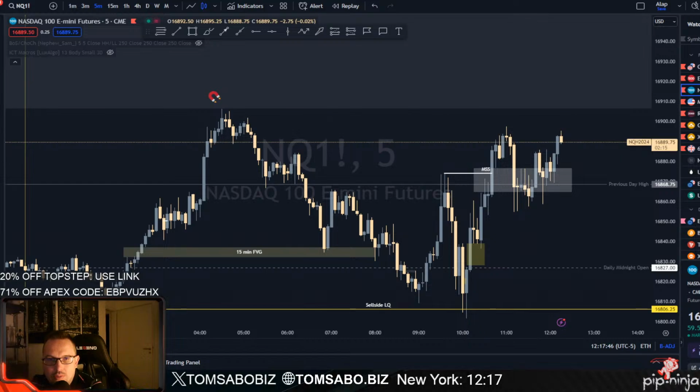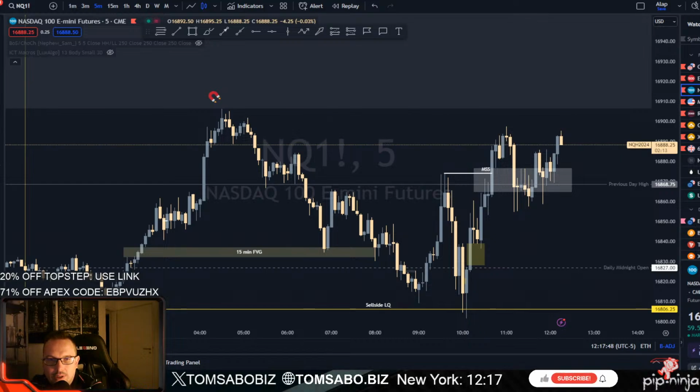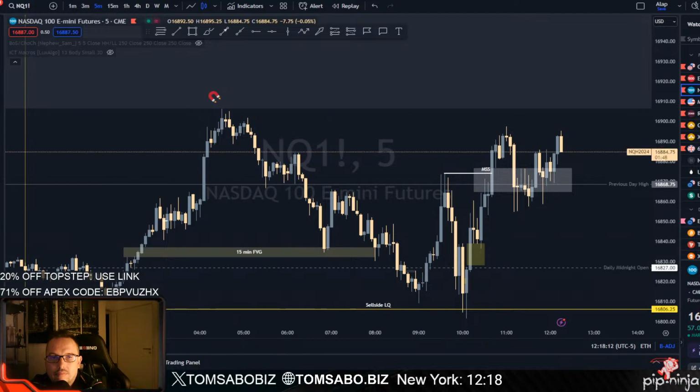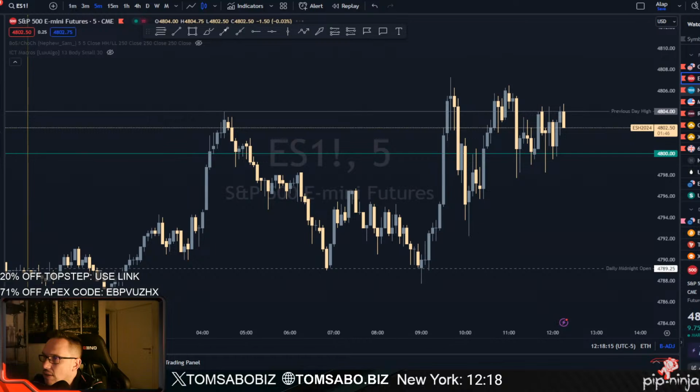Let's see if it wants to make a new high or not. So far it doesn't really look like it. Bounces off there. But the bullish breaker is still in play, if I can say that. Yeah, look at that.